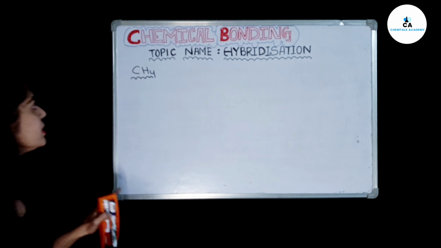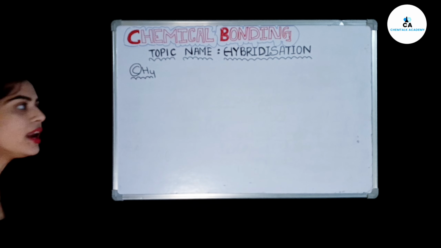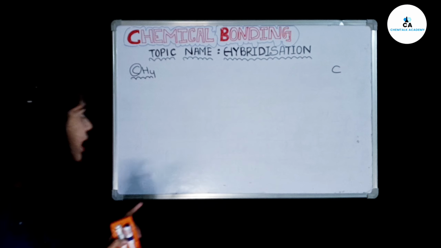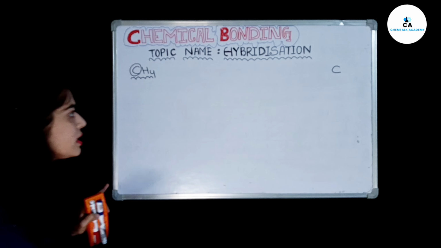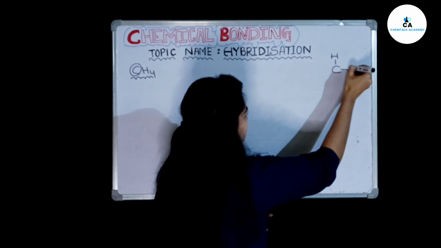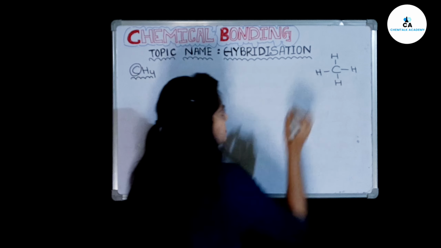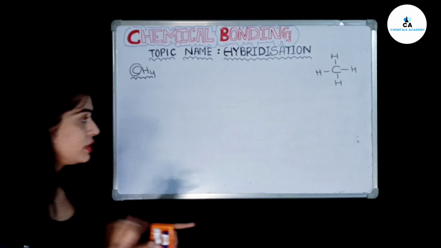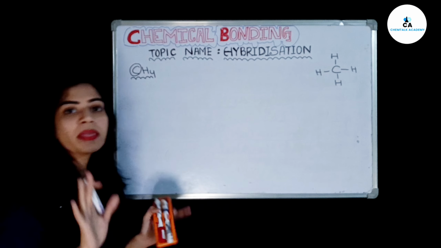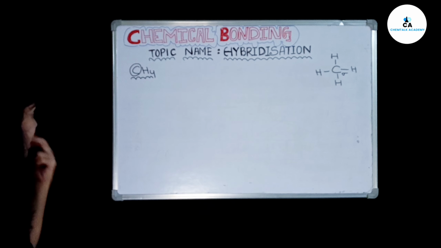Here, which one is the central atom? Carbon is the central atom. How many hydrogens are attached to that? Four hydrogens are attached. So carbon forms 4 sigma bonds with hydrogen.